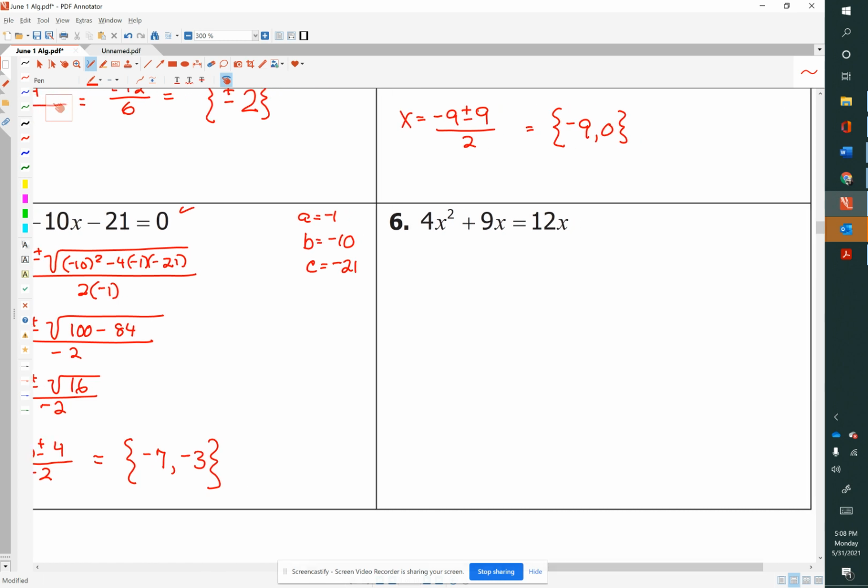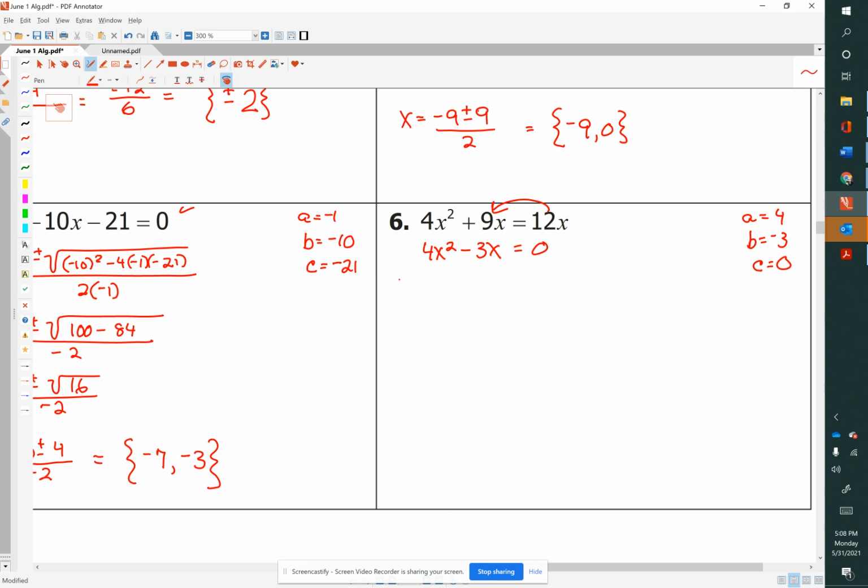And number 6, we have to move 12x to the left side, so it will be 9x minus 12x, so it's going to be 4x squared minus 3x. We don't have a c value, equals 0. So our a equals 4, our b equals negative 3, and our c equals 0.